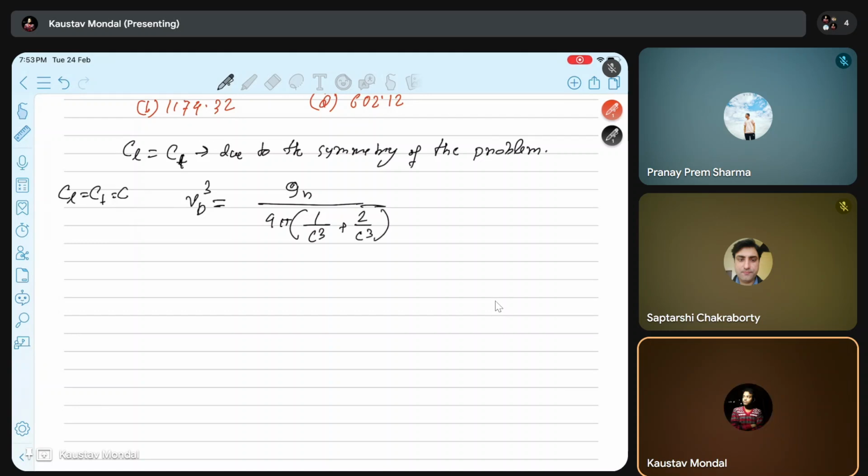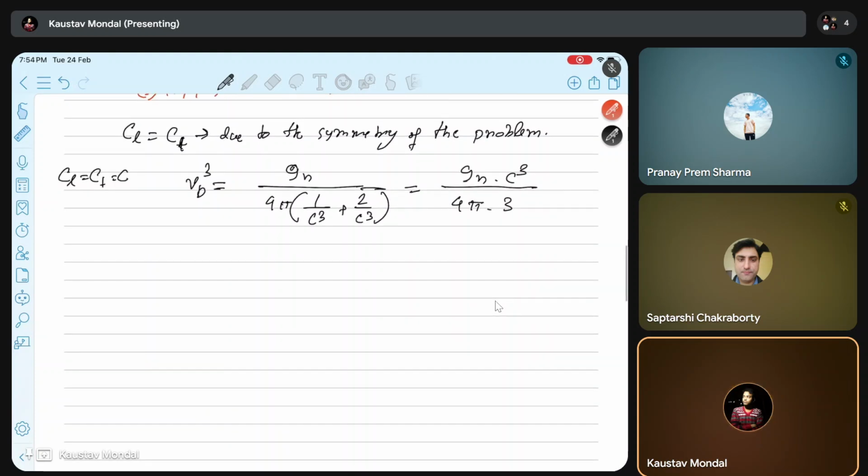Okay. Now if you do the calculation, it will become 9n into 4 pi into 3 into C cube, it would become nu d cube equals 9n C cube by 45.